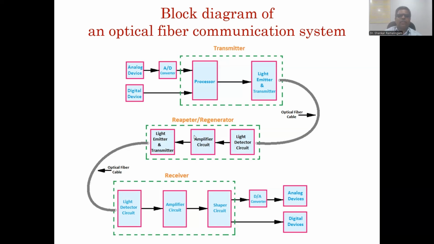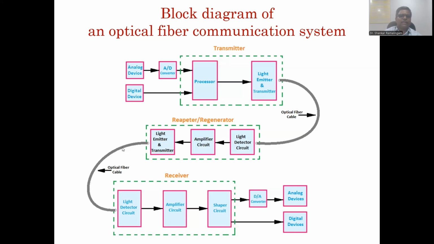This amplifier circuit boosts the corresponding signal for the equivalent light signal, and this circuit is going to give the input to the light emitter and transmitter, which is very similar to the light emitter and transmitter present in our transmitter part. Again, this light emitted by the light emitter and transmitter is going to be sent over a long distance, or the distance at which we are going to have our receiver, right?